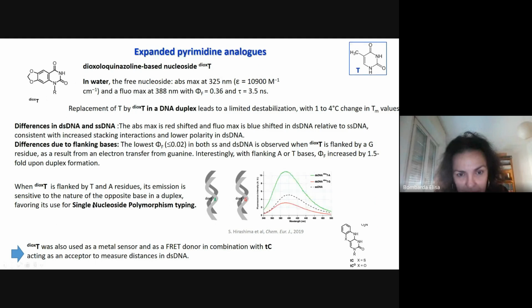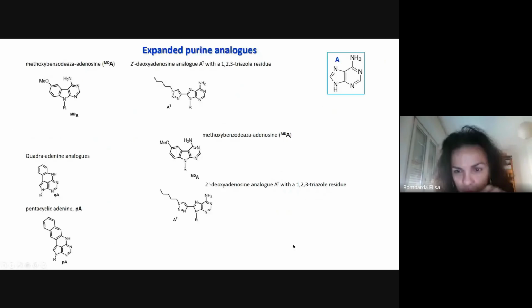So this probe can be used, for example, to detect a single nucleotide polymorphism. As you see, that is the difference when the opposing base is an adenine, in green, or a guanine, in red, for example.